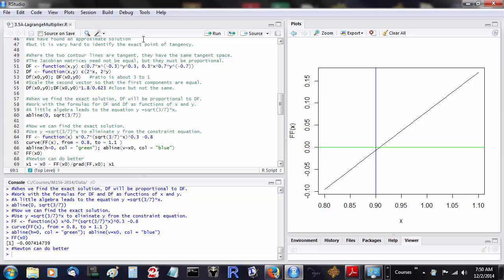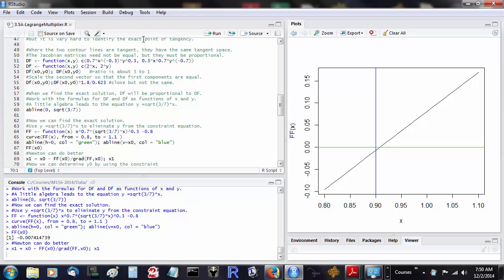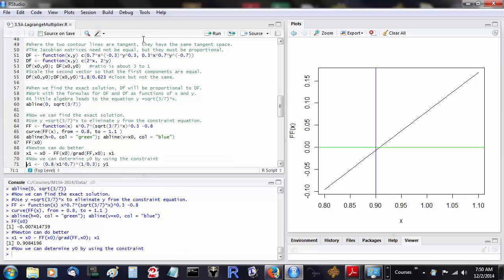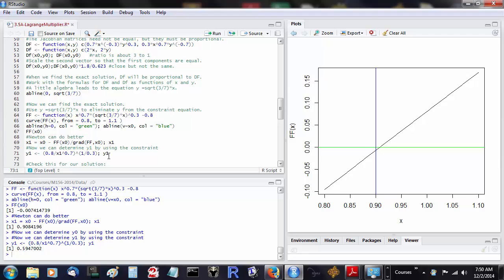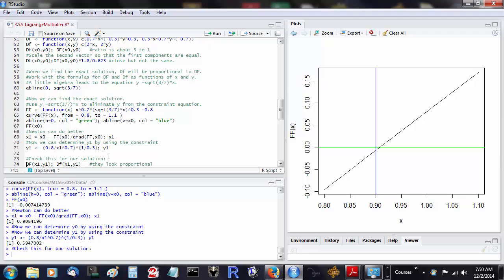We just use one step of Newton's method to get an x1, and having found x1, we can find the corresponding y1 by using our constraint. There it is. Now let's see how we've done.